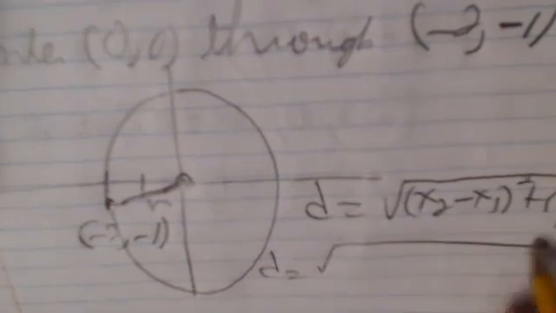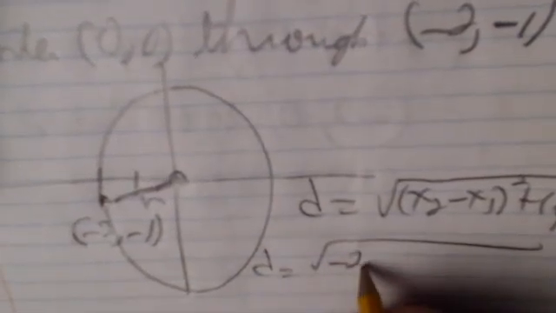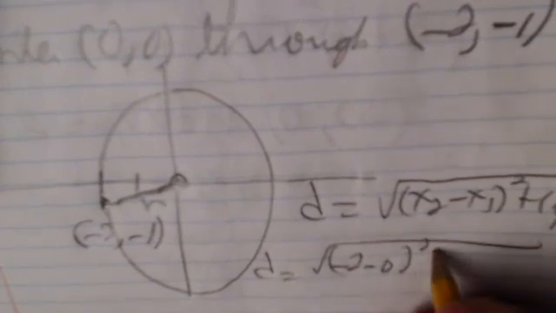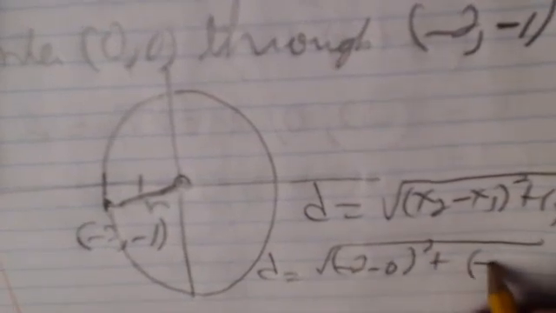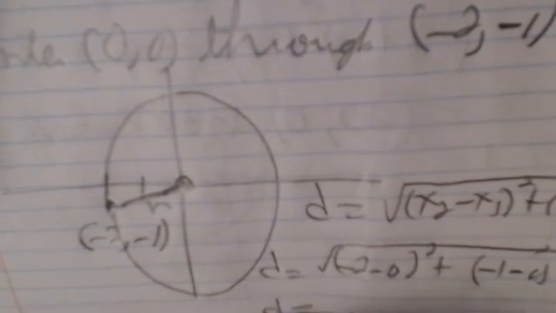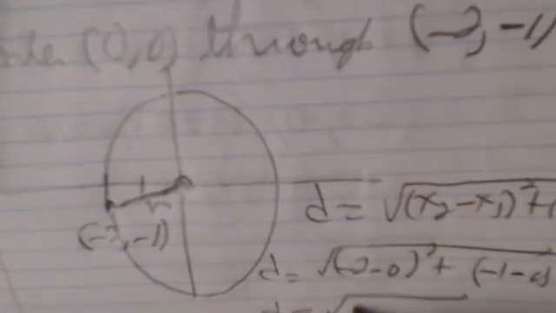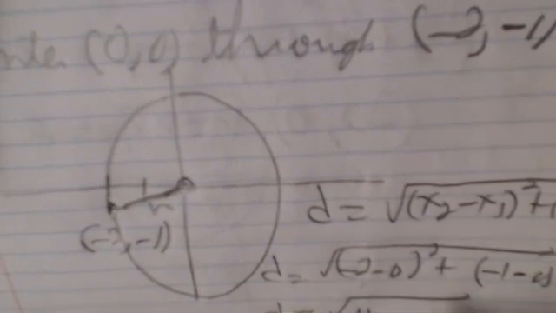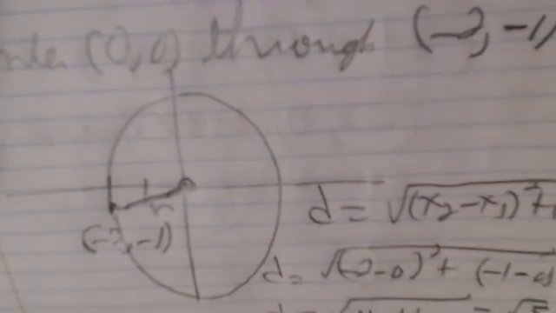So I'm simply plugging into that formula, and that's going to be the square root of -2 minus 0 squared plus -1 minus 0 squared. So that's going to be the square root of 2 squared, which is 4, and 1 squared, which is 1, which is the square root of 5.